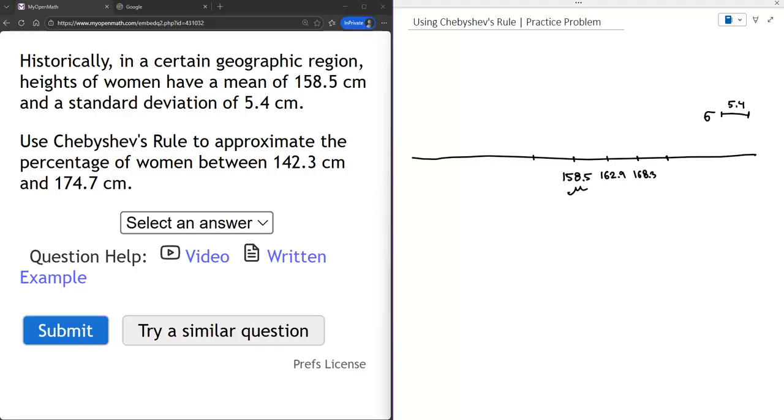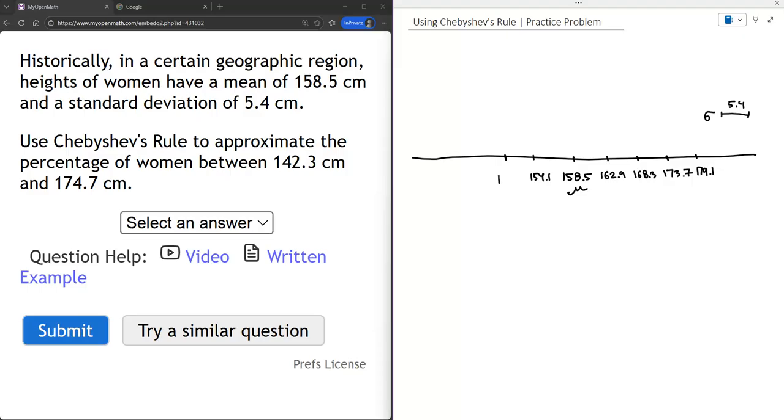We add another 5.4, we end up with 173.7, and if we add another 5.4, we're going to end up with 179.1. And now let's subtract 5.4. So we have 154.1.